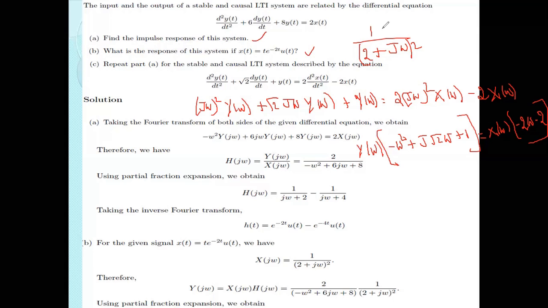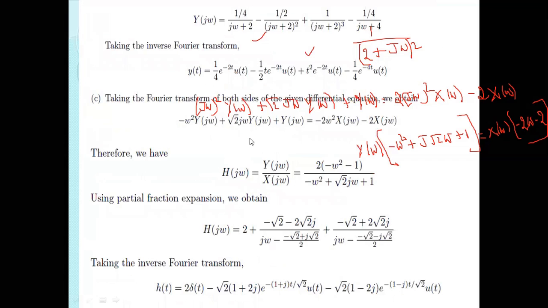The first we can see, for this minus 2 omega square, my students, here omega square, 2 into omega square. So h of omega is equal to y of omega by x of omega.